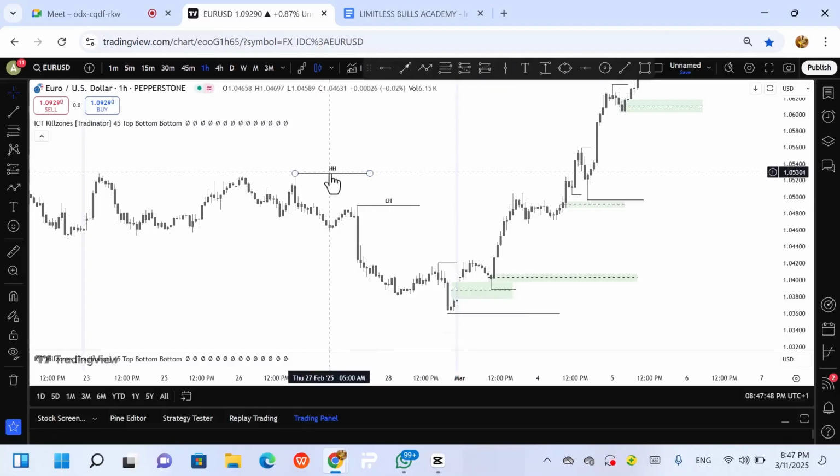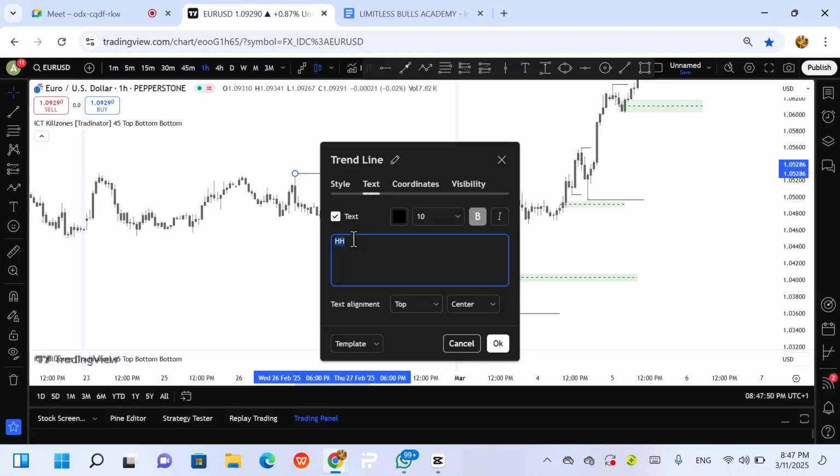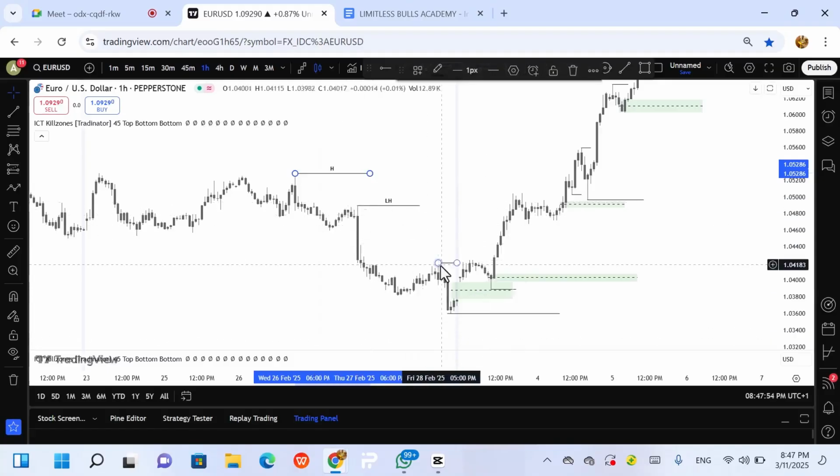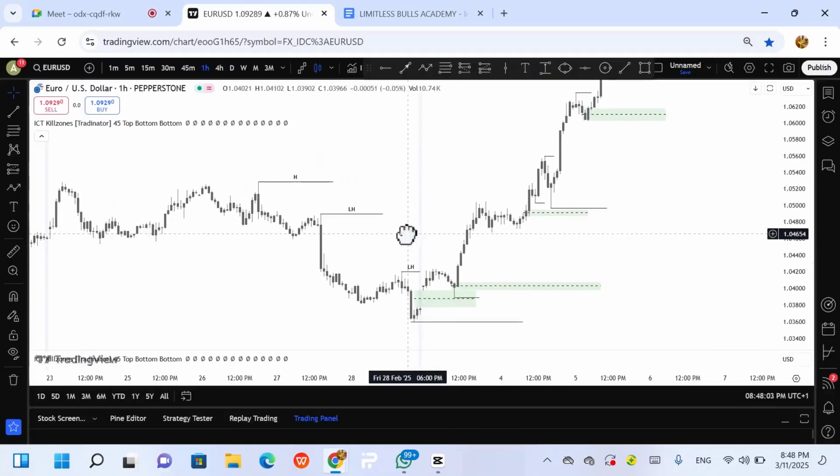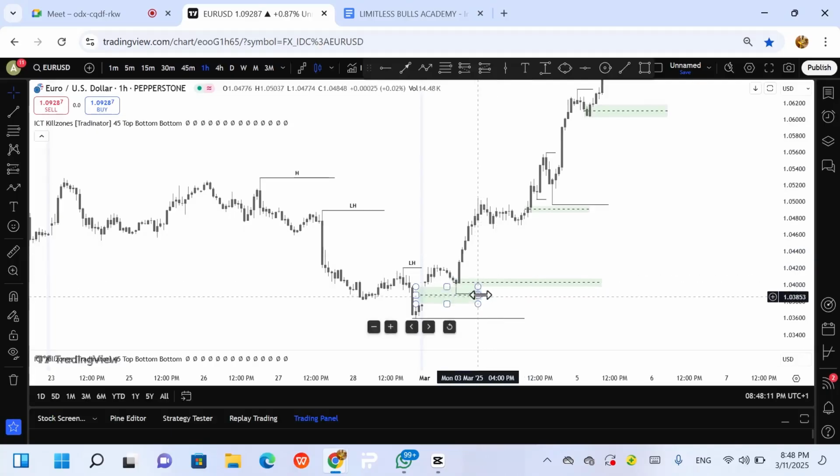Okay, this is the first high. This is a lower high. This is a lower high. Then what do we see at this point? This high was broken. So what do we see now?